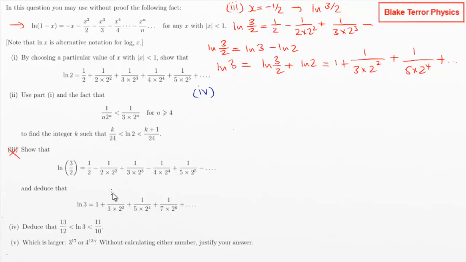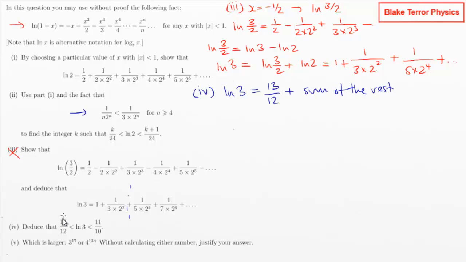But now we only have to add up the first 2 terms if we're doing this thing again. Because n greater than or equal to 4, that's going to be our dividing line, first 2 terms. So log 3 is equal to what we got, 1 plus 1 over 12, so that's 13 over 12, plus whatever comes next, so sum of the rest.